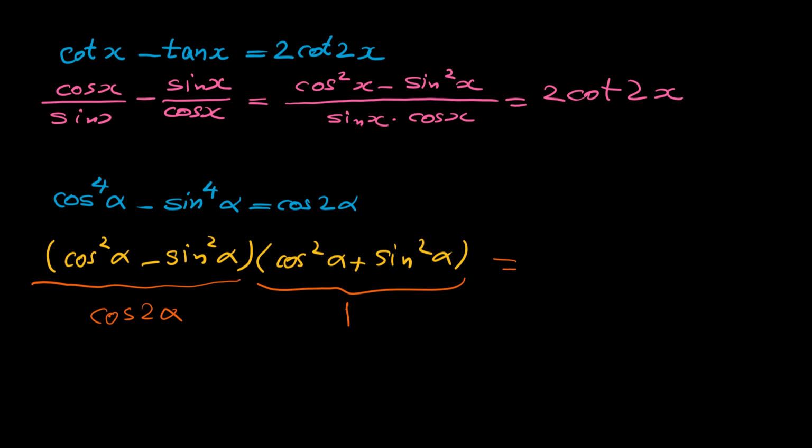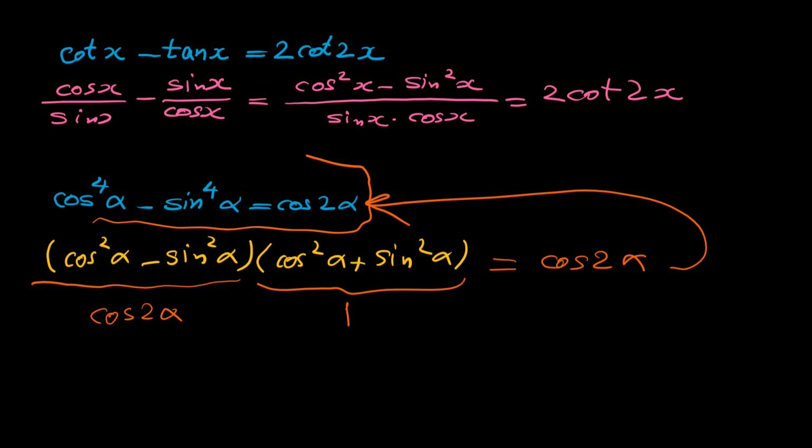So this equals cosine of 2 alpha, which is the right side. So we proved this identity. At first it seems simple, but you have to be good at algebra identities. Otherwise, if you don't remember the proper identity, then it's really not easy to prove this relation here.